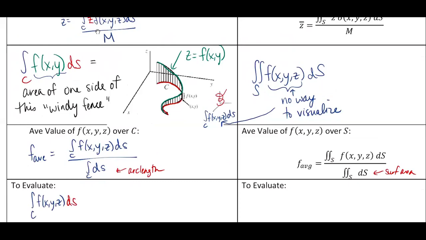By parameterizing, I'm putting everything in terms of t, usually that's part of my change of variables, and then I need to change my ds to be in terms of something involving t and dt. And we found that since ds is a tiny little distance, the equivalent analogy is to rewrite that as your speed times your time, or your rate times your time.